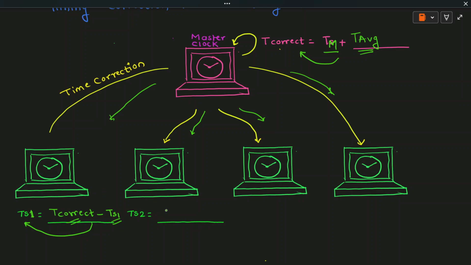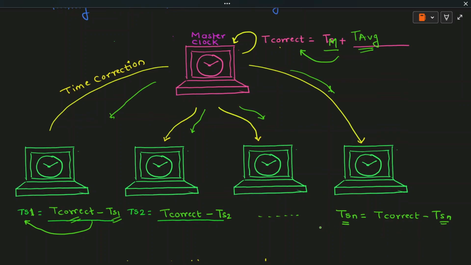TS2 is going to be T correct minus the previous TS2. Likewise we can get the times for all the slaves. For the nth slave, the time will be T correct minus TSn, the old time. This is the new synchronized time.